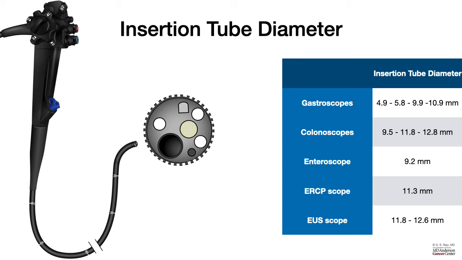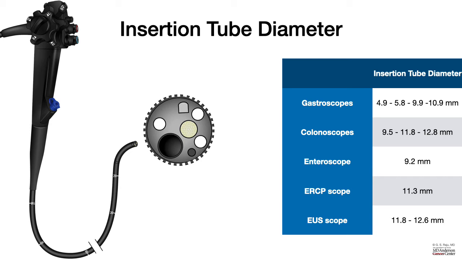Another issue is if you have somebody with a narrow colon from severe diverticulosis, or have had surgeries causing narrowing of the sigmoid colon, an adult scope of 12.8 millimeters may not be able to go through.